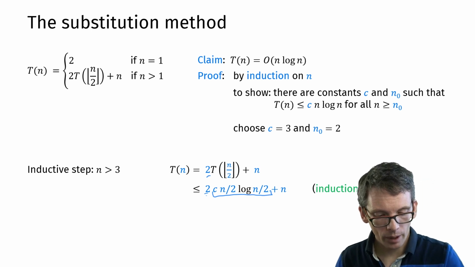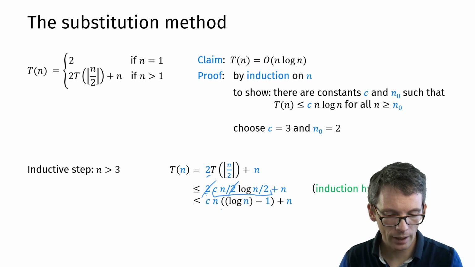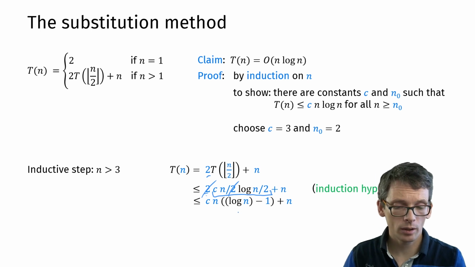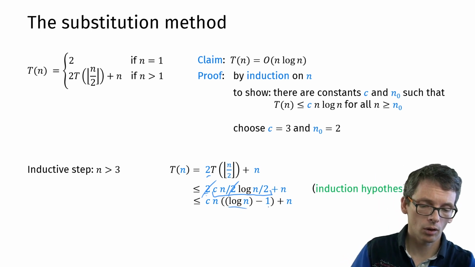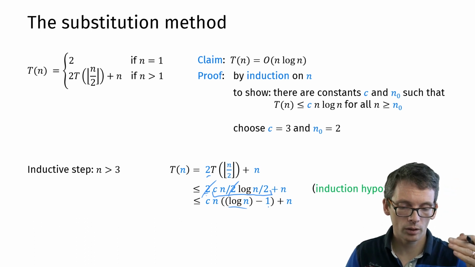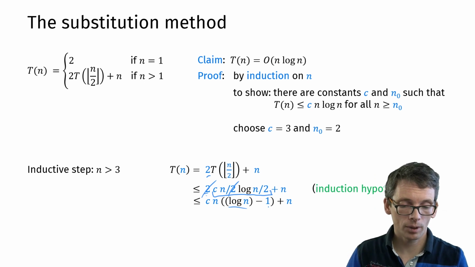Now, what do we have? We have a 2 here, we have a 2 here. We have c n log n divided by 2. So let's rewrite that. Log of n divided by 2 is log n minus log of 2, which is log n minus 1. So now we have c n times log n minus 1 plus n.